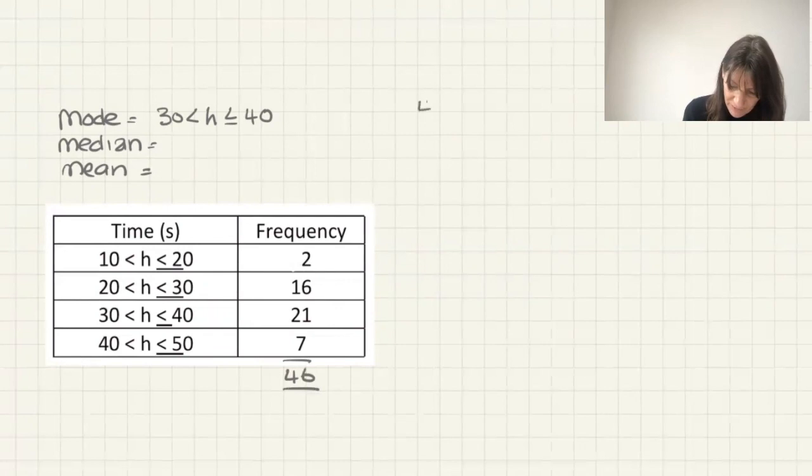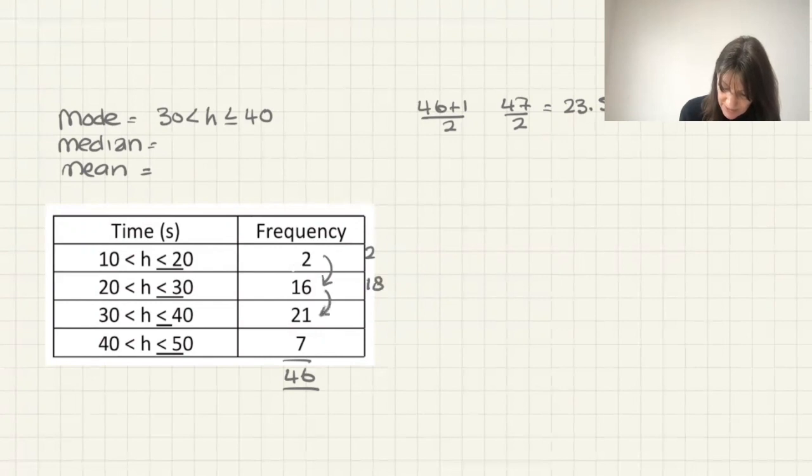So I'm going to do 46 plus 1 divided by 2, which is 47 divided by 2, which is 23.5. Okay, so the first two are here. I'm going to add those, and that gives me 18. I'm going to add those, which is going to give me 39. I can stop there.